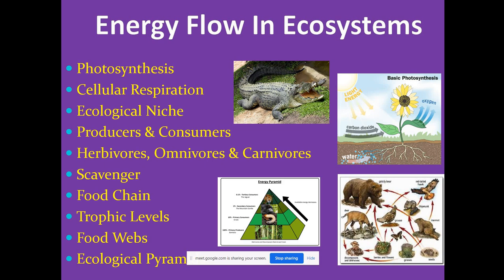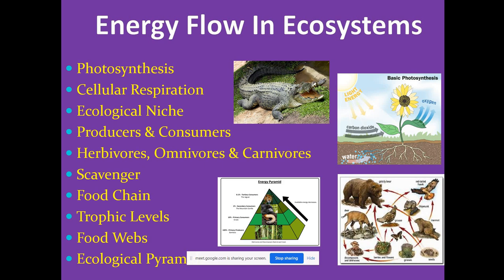It is generated during the respiration activity. Producers and consumers are the components of the food chain, because energy flow occurs by the food chain. Herbivores, omnivores and carnivores are the categories of consumers, and scavengers play the role of decomposition and transformation. Energy flow occurs through the food chain.